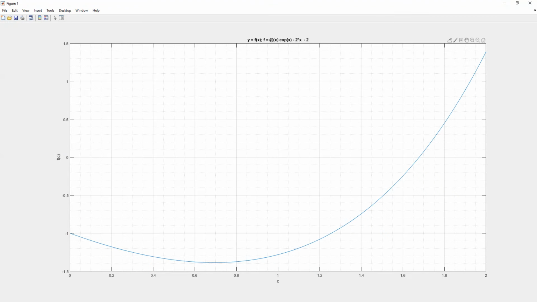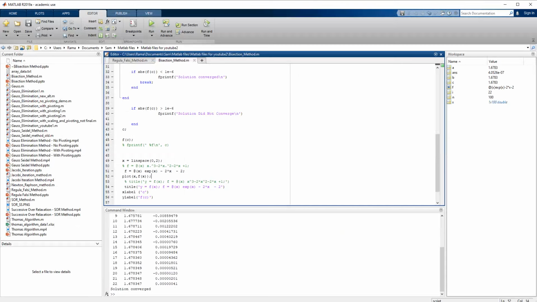The root here, for the transcendental equation we used, is 1.6768, and the root we calculated using the bisection method is more accurate than what we saw graphically.